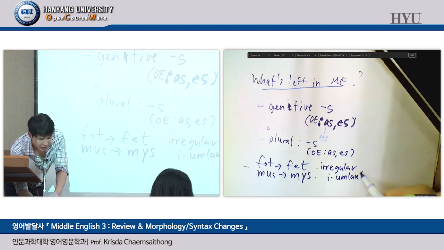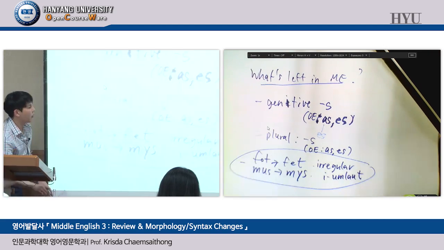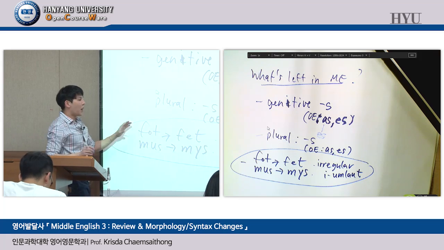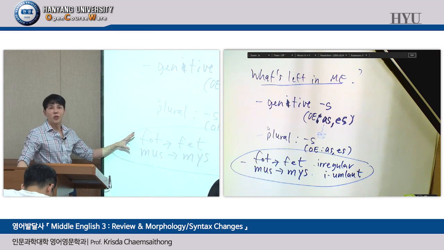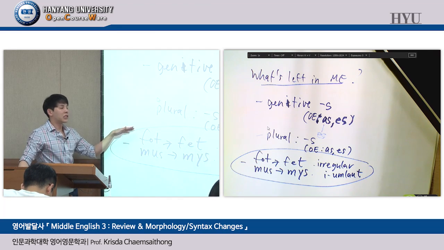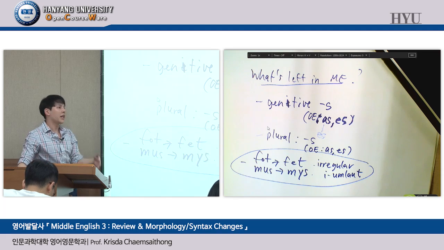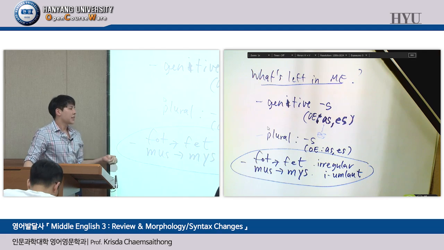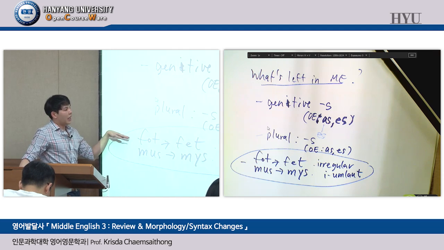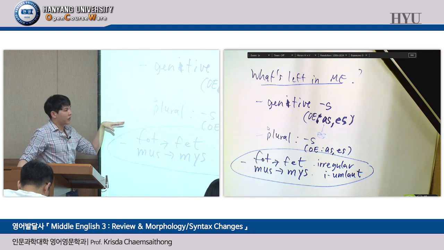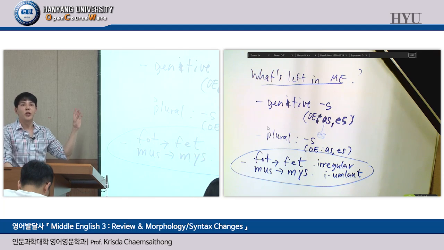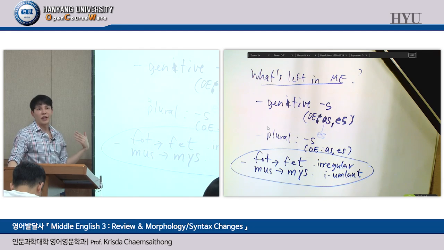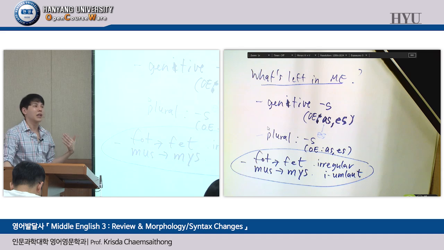That one also carried over into Middle English. But that's a small group, as you know. So they survived into the Middle English period and also Modern English. Why is that? Because they are composed of only a small number of nouns, and they are frequent enough. That's why they survive, right?